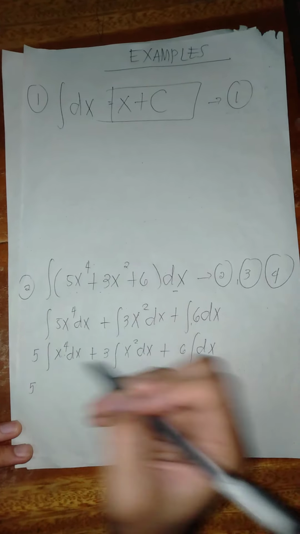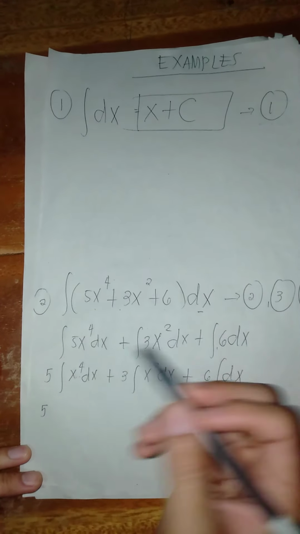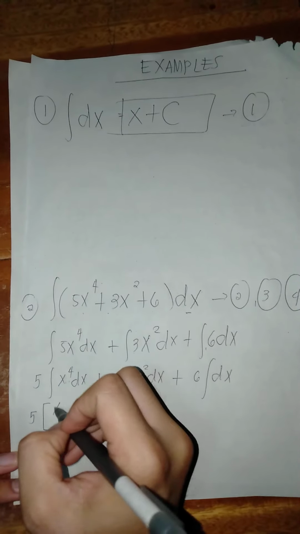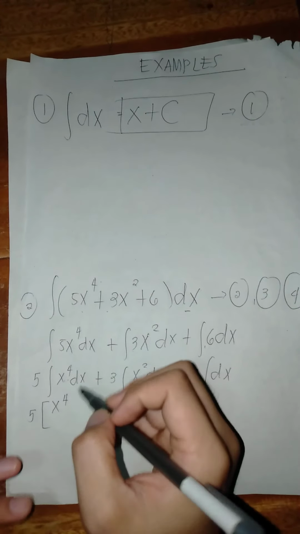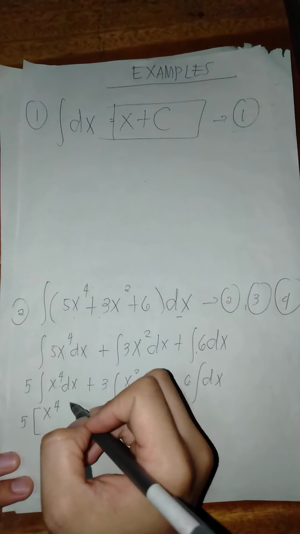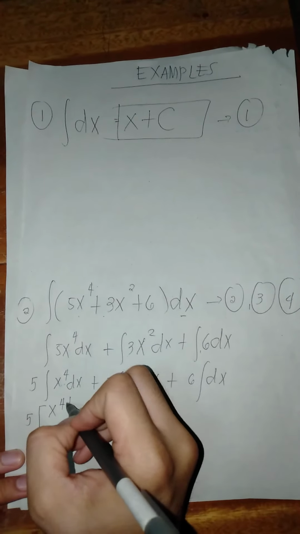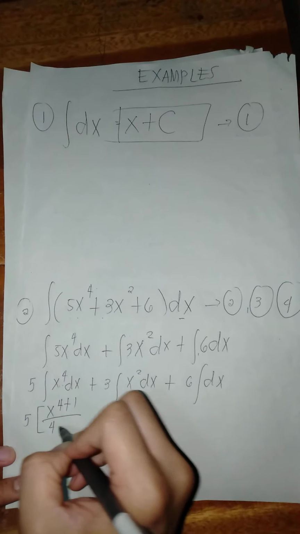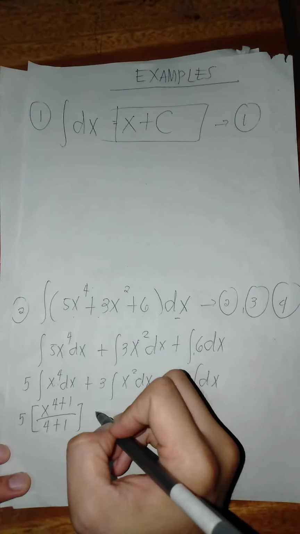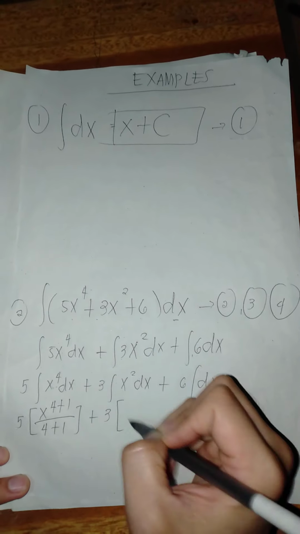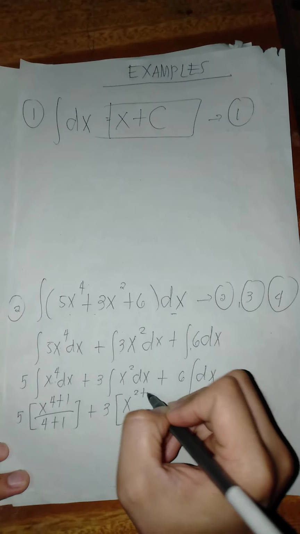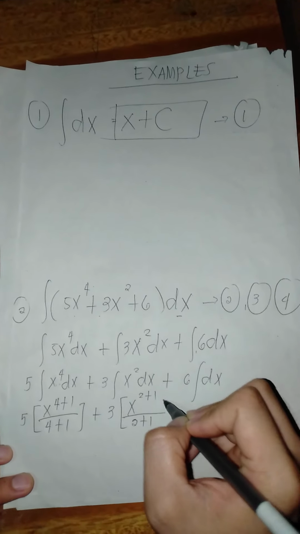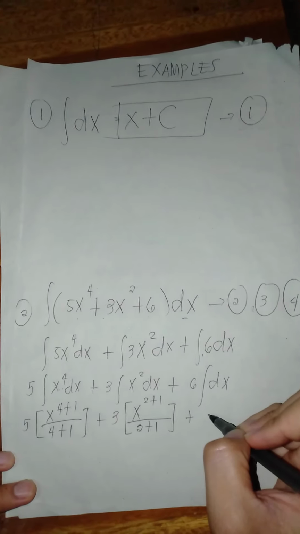So 5, then pwede ka na maglagay ng bracket. X to the 4 plus 1. Kung ano yung dinagdag mo sa taas, i-divide mo ngayon sa baba. So 4 plus 1 din. Plus 3, bracket, x squared plus 1 over 2 plus 1. Plus 6.